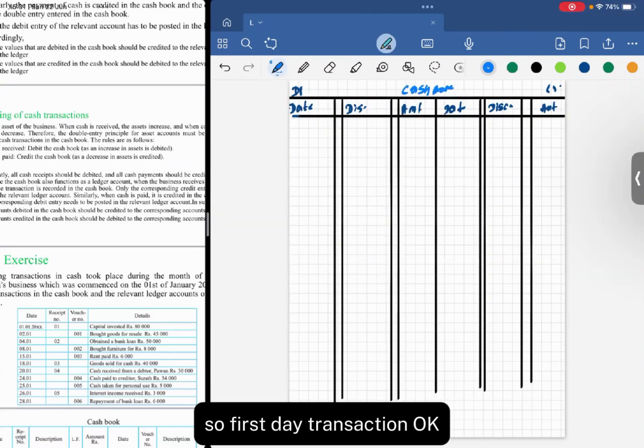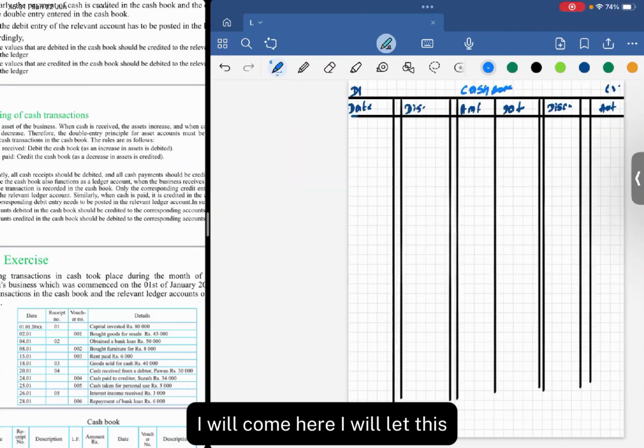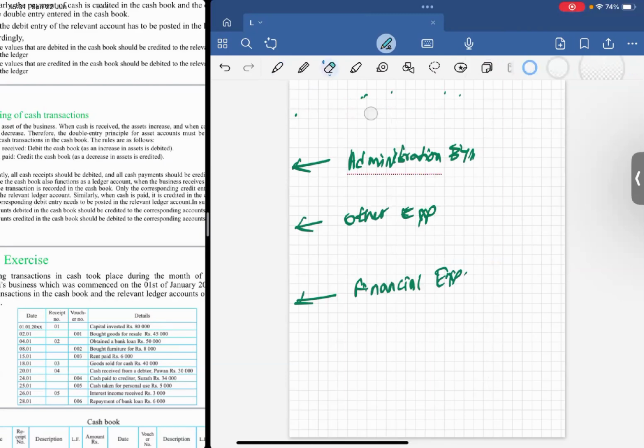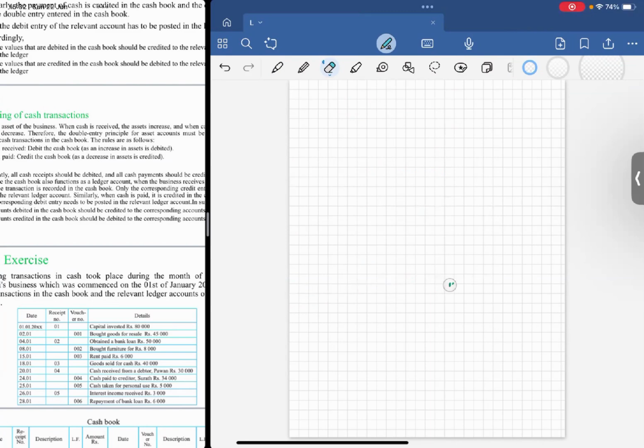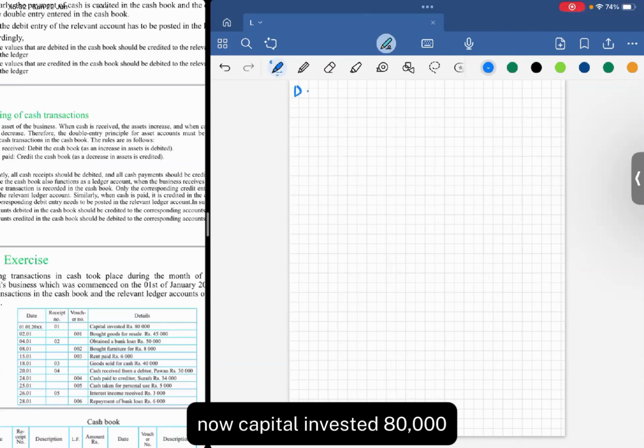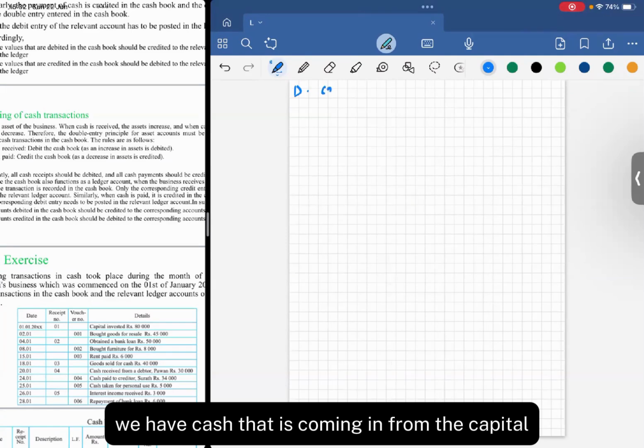So first day transaction, number one. Capital invested 80,000. Now what is happening here? We have cash coming in from the capital.